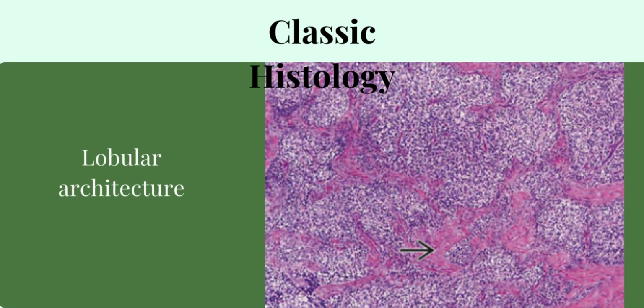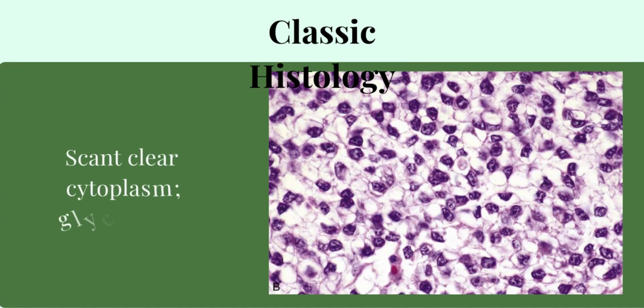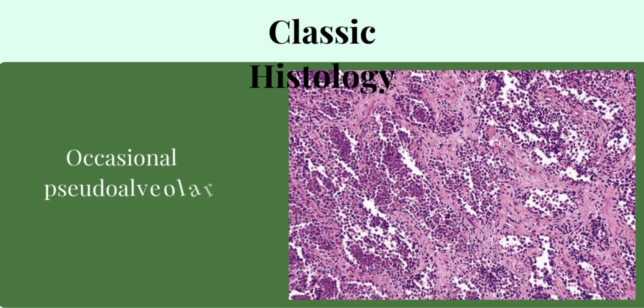They possess round nuclei with fine chromatin and scanty cytoplasm, often containing glycogen which may indent the nucleus. Although the tumor is well vascularized, vessels may be obscured by the tumor cells.